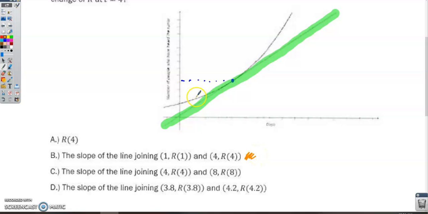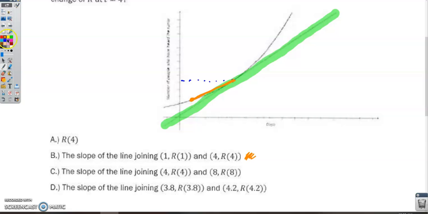We'll do this first one here in orange. The line joining 1, r of 1 is about there, and there's 4, r of 4. So we would be talking about the slope of this orange line as compared to the slope of the green highlighted line, which represents the instantaneous rate of change. That doesn't do a terrible job of estimating it, but I'm not certain yet that it does the best.